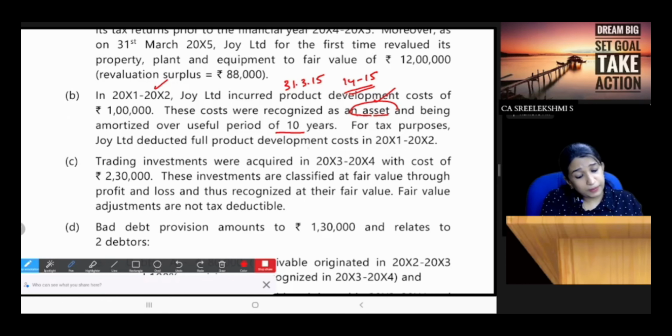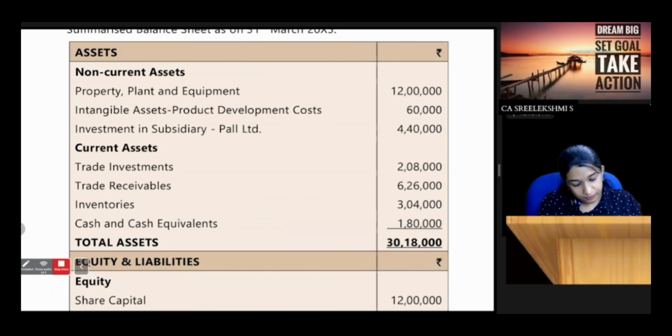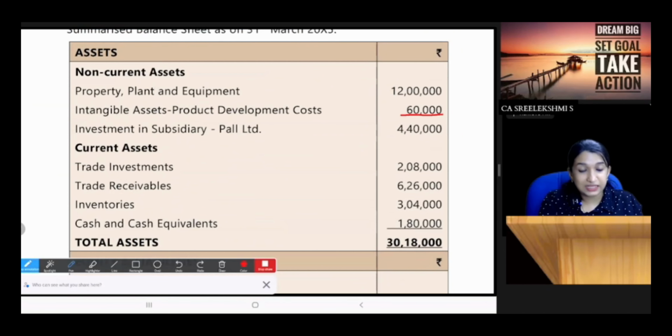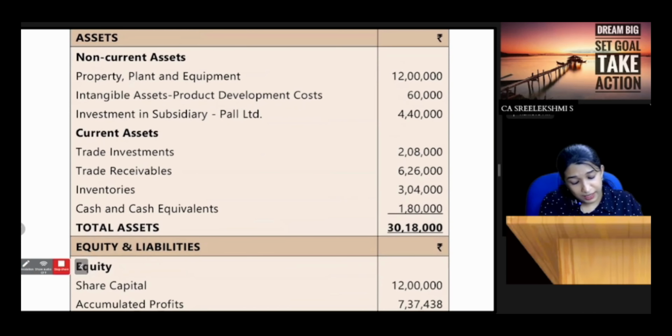For tax purposes, it deducted the full product development cost in 11-12. Intangible asset is 1 lakh minus 4 years depreciation, 10,000 into 4, 40,000, so 60,000. Then tax base is 0.